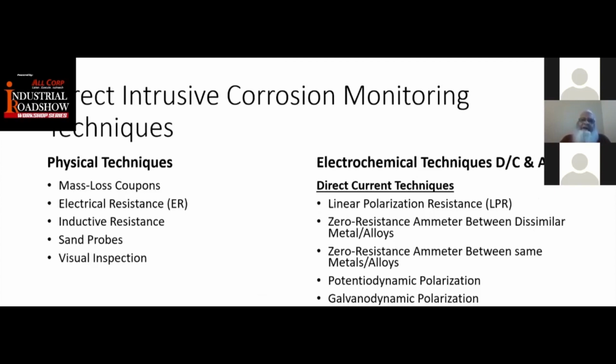Direct current techniques are linear polarization resistance, zero resistance ammeter between dissimilar metals or alloys, zero resistance ammeter between same metals and alloys, potentiodynamic polarization, galvanodynamic polarization, and electrochemical noise. The corrosion monitoring techniques based on AC current applications are electrochemical impedance spectroscopy and harmonic distortion analysis.